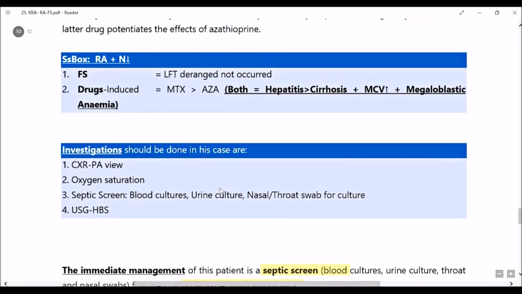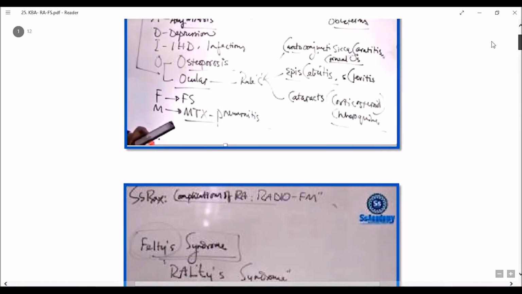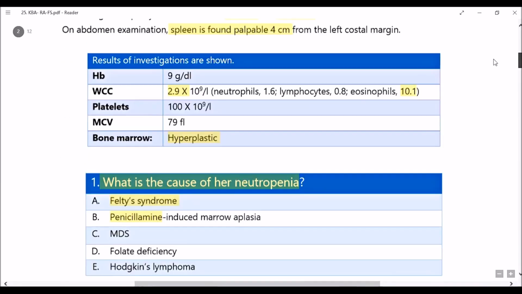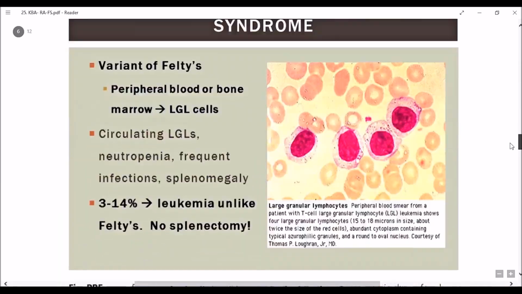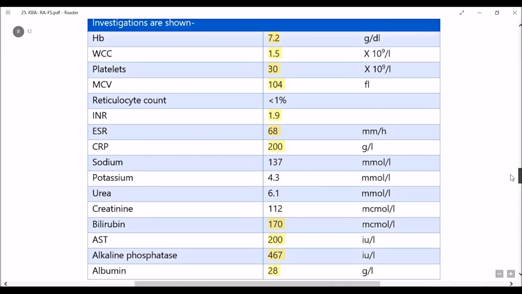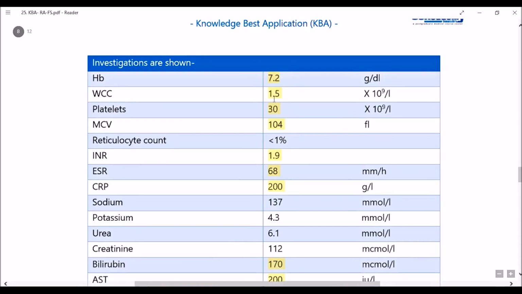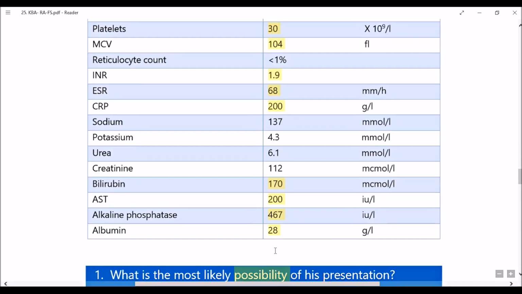I hope that what we learned here is clear: Felty syndrome usually doesn't affect liver function, but the drug-induced causes like MTX and azathioprine can both cause hepatitis and cirrhosis, raised MCV, and also megaloblastic anemia. We can go back to the scenario and remember that the patient has pancytopenia, macrocytosis with raised INR, and low albumin.